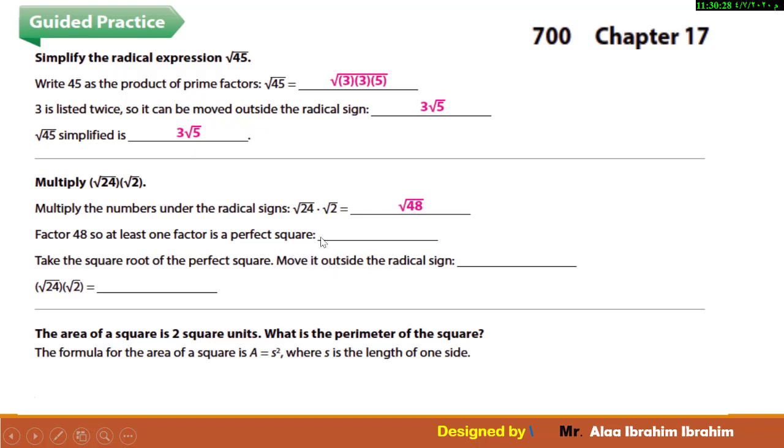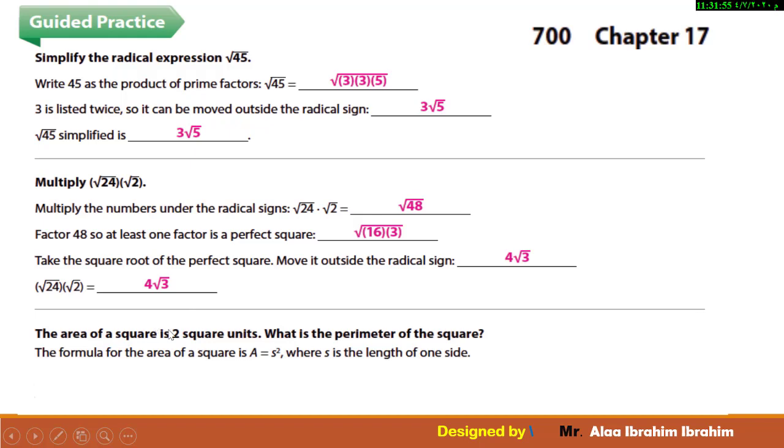Then I try to find something with a perfect square, so I cut 48 into 16 times 3. 16 has a square root, which is 4, and 3 has no square root, so it stays under the square root. So my result will be 4 root 3.